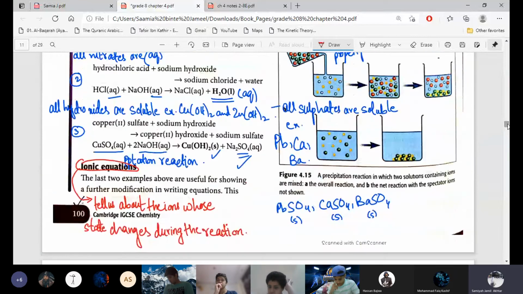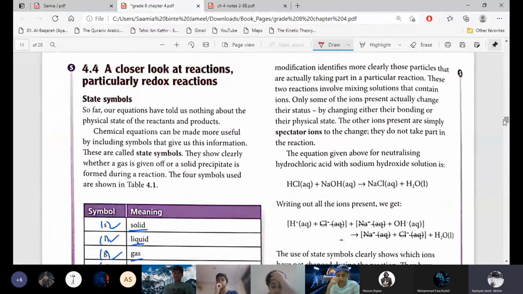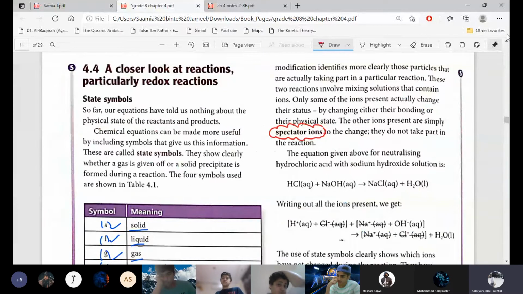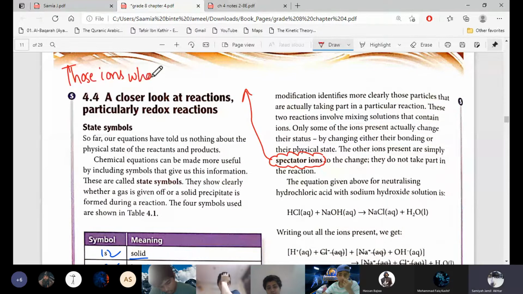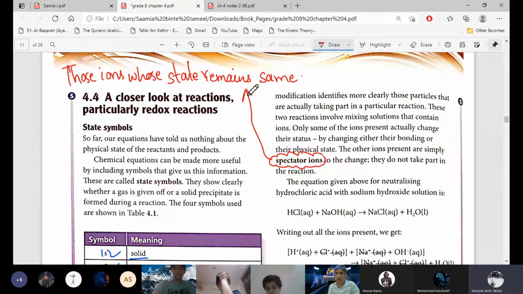Then on the same page, on the other side, you can see there is a term spectator ions. Now what are spectator ions? Spectator ions are opposite to the ionic equation. In the ionic equation we write about those ions whose state changes, and spectator ions are those ions whose state remains the same, which will not change.